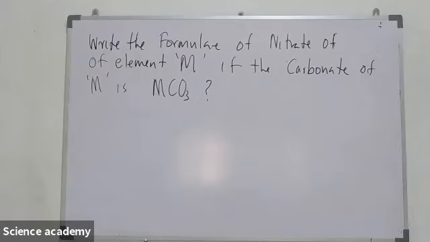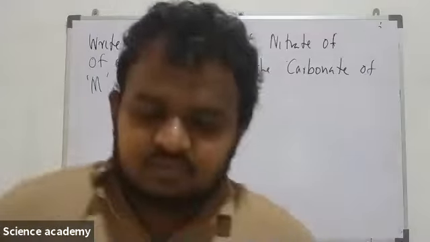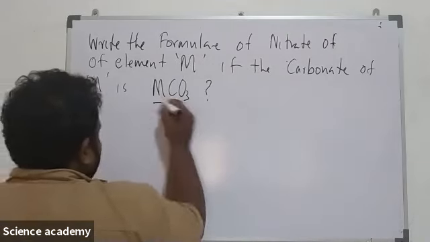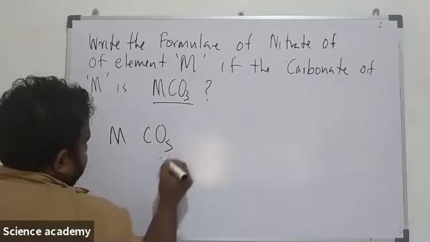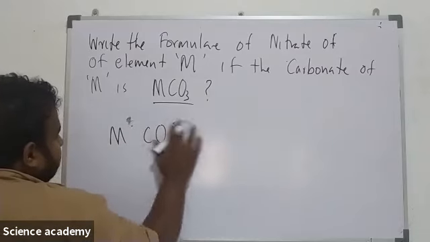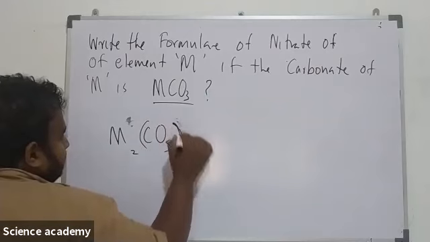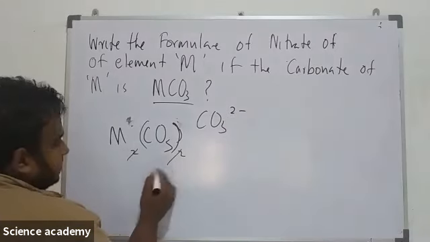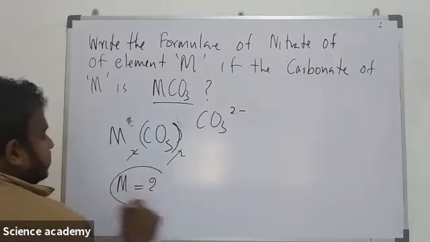So if it is MCO3, the valency of carbonate is 2 minus, and the 2s have been chopped, so the valency of M is 2.